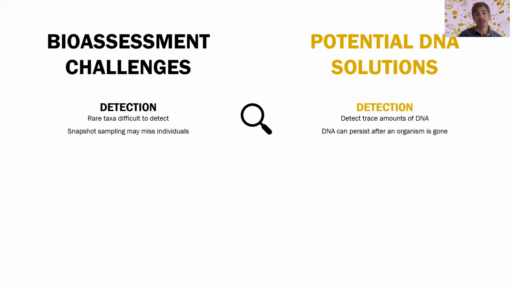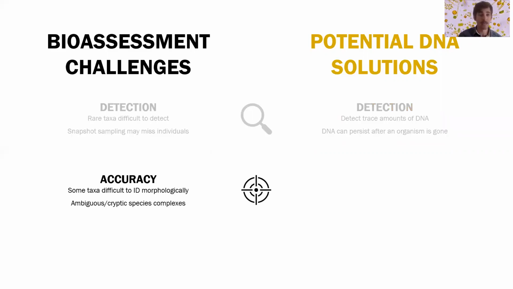With DNA, we can detect trace amounts of individuals, alleviating that deficiency of not being able to detect rare taxa. Also, DNA can persist after an organism is gone, allowing us to integrate the environment a little bit more. And I guess you could see that as both a positive and a potential drawback, depending on the perspective and the interpretation of these data. So these are all questions that we have to respond to when we think about implementing DNA into bioassessments.